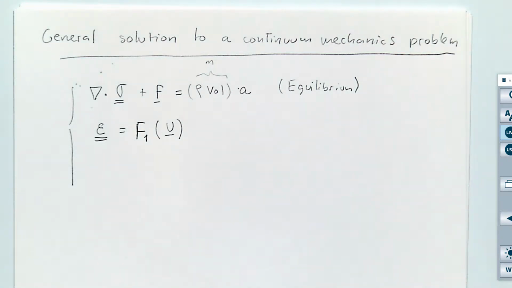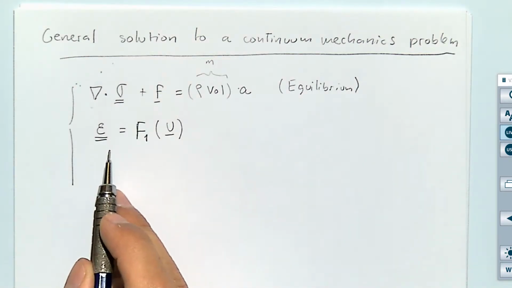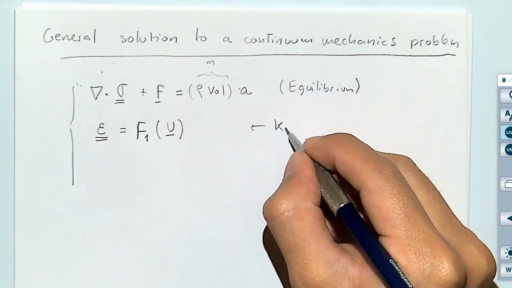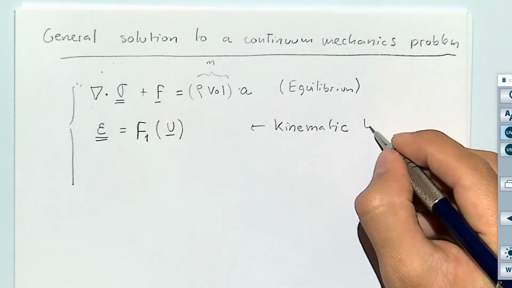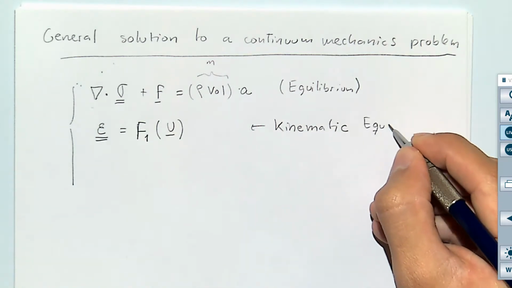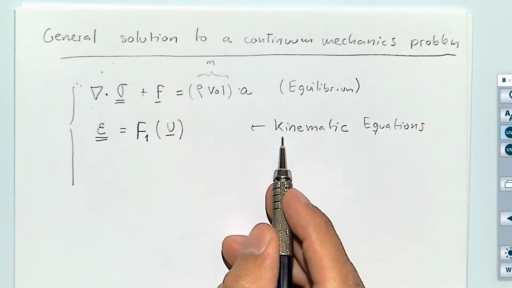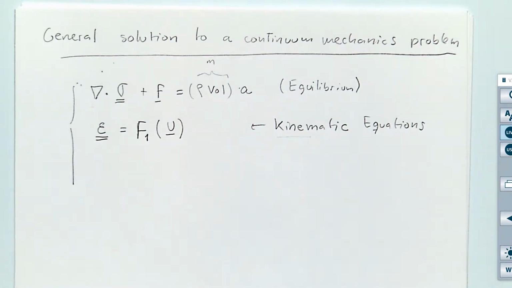If you know how a solid displaces in three dimensions, with this equation we can calculate deformations. We'll see an example of this in just a bit. These are called the kinematic equations, from the Greek kinos or kines, I'm not sure, meaning movement. These are the equations that relate movement to strains, or displacements to strains.